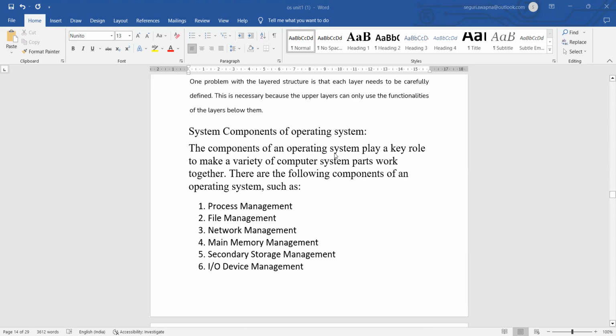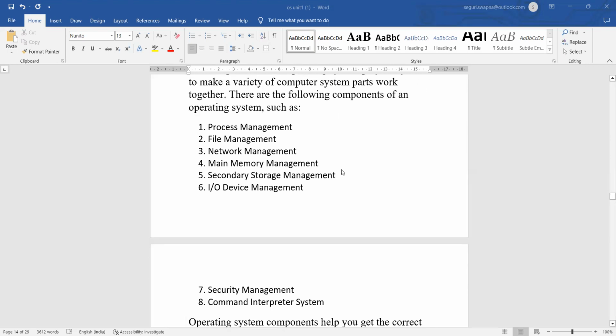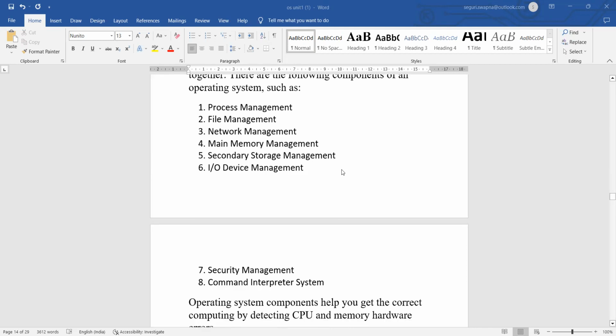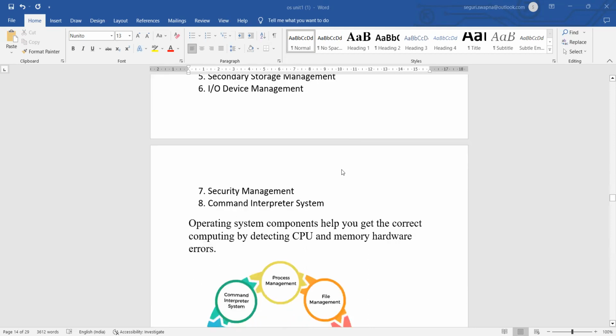Now, as the operating system plays a very important role in the computer system, it has different components like process management, file management, network management, main memory management, secondary storage management, input-output device management, security management, and command interpreter system.